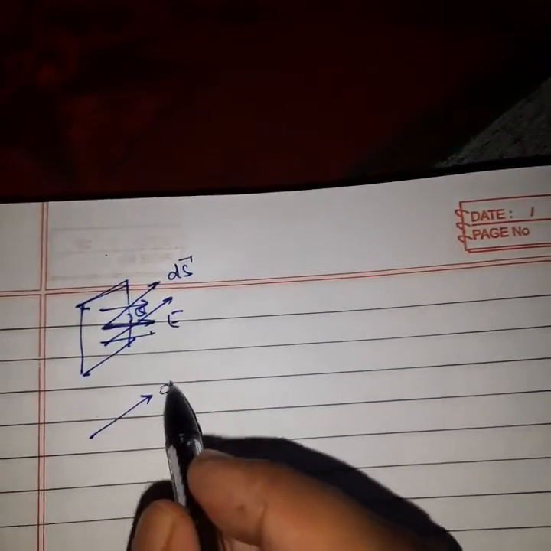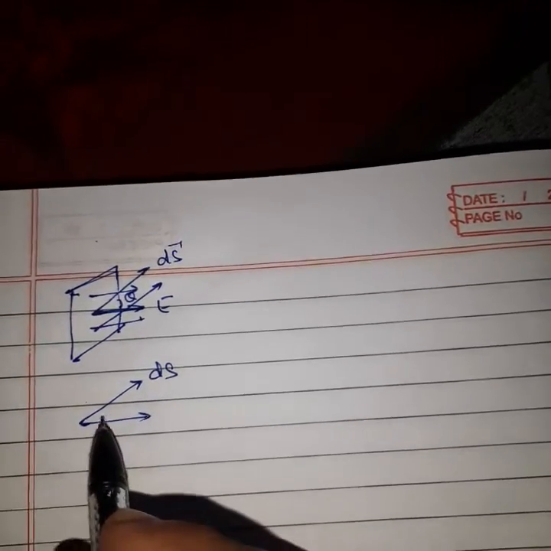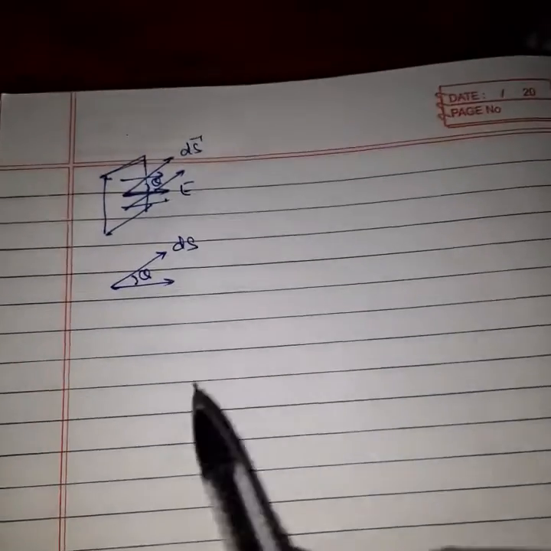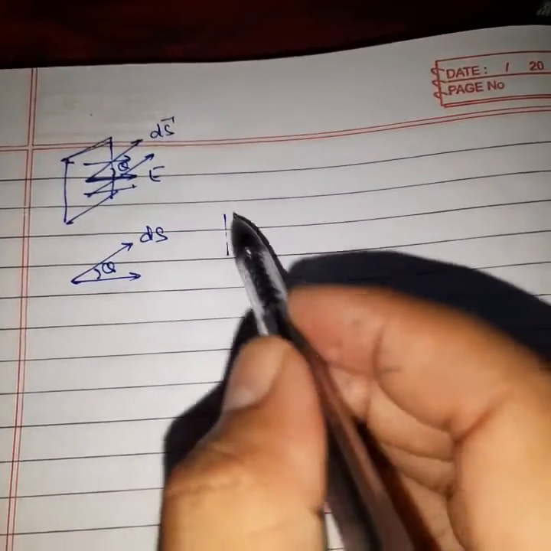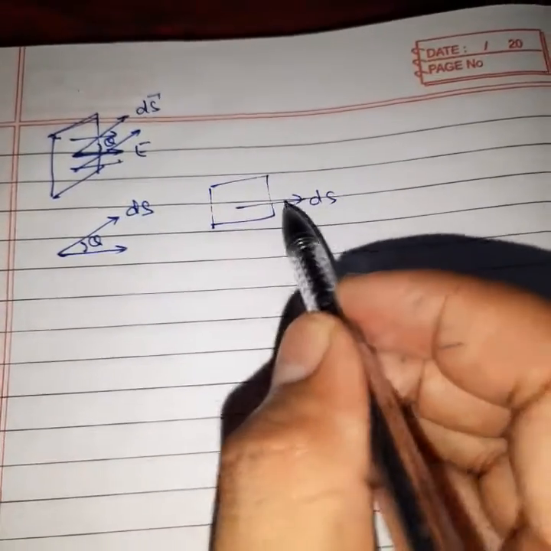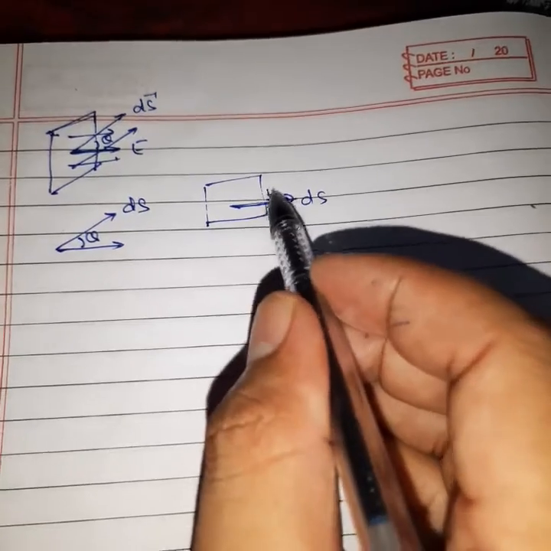Now I'm taking it separately. Listen very carefully. So this is what? This is dS, and this is the electric field lines. Okay, so the angle is theta. But one thing, listen: when there is compensation, the area vector and electric field lines should also be in the same direction.